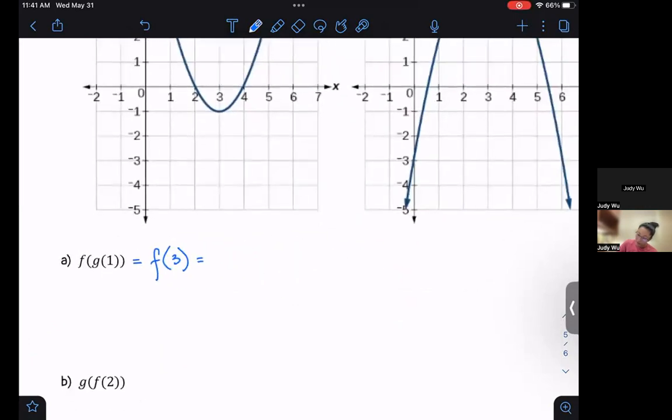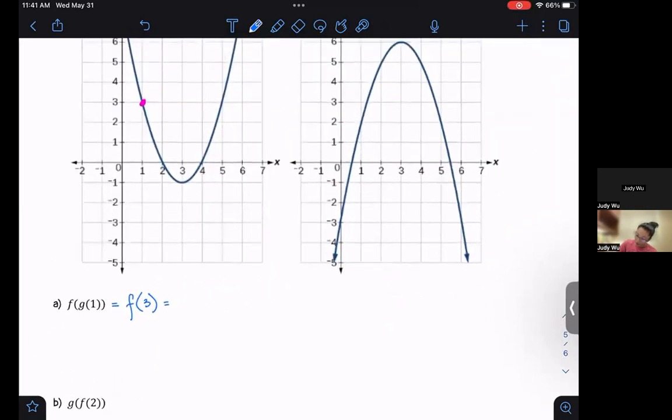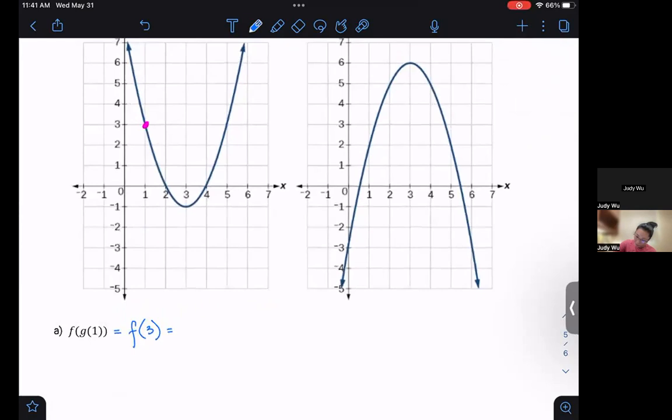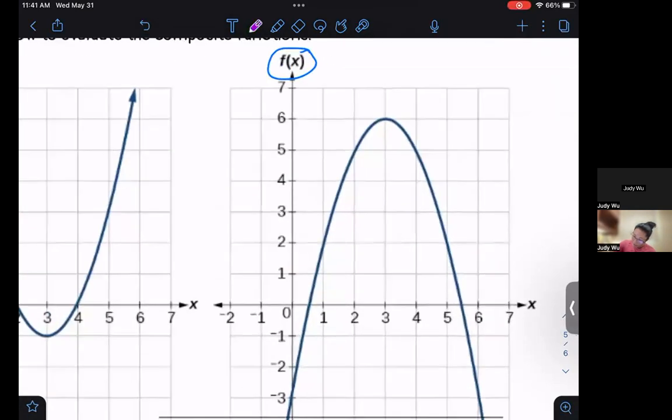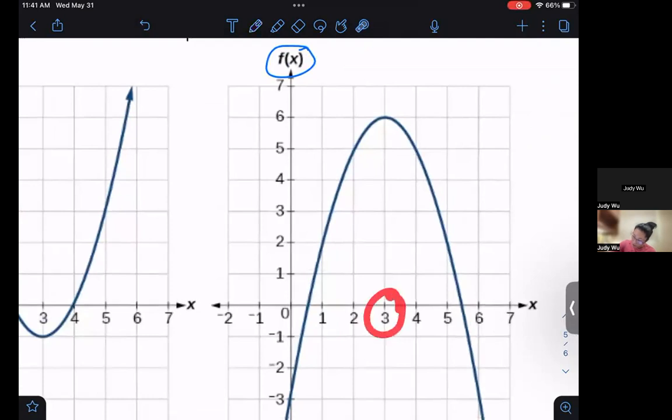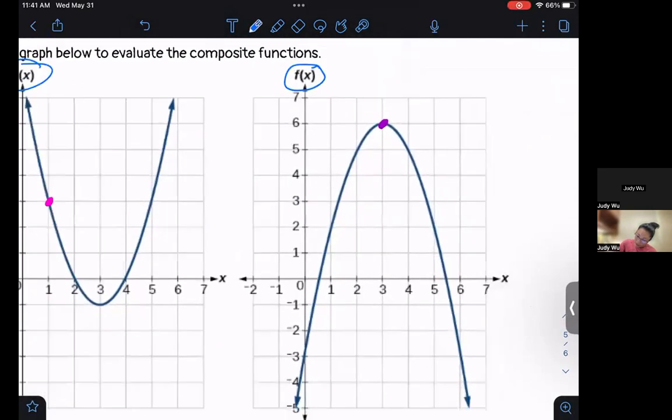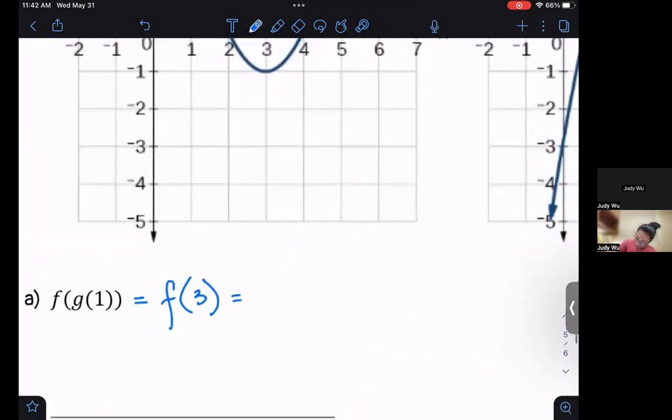All right, let's go to the f graph now. And f of 3, well, 3 is here, f of 3 is here, and that y value is 6. So that means that f of 3 is equal to 6.